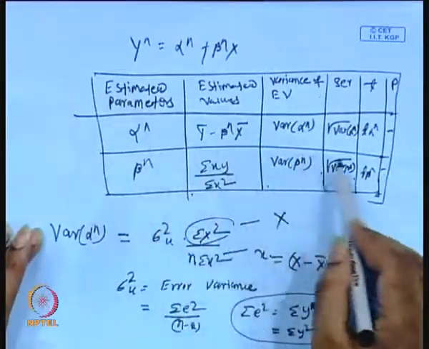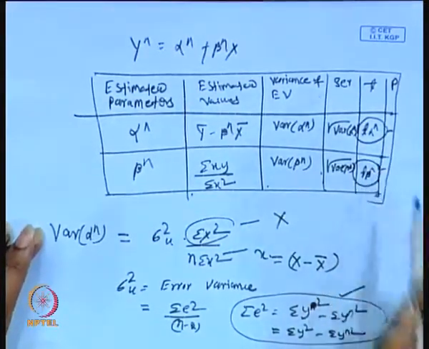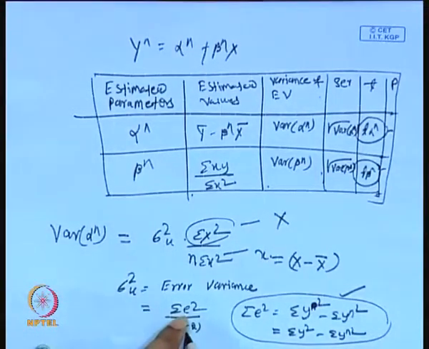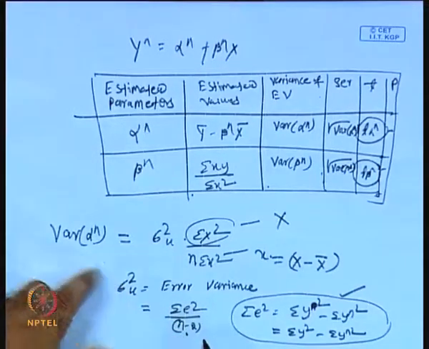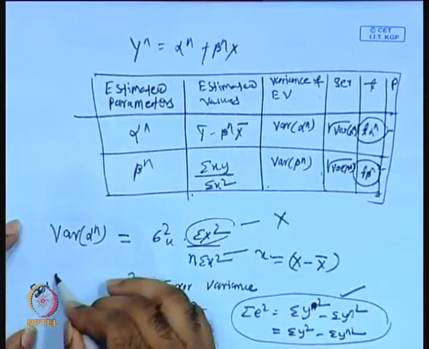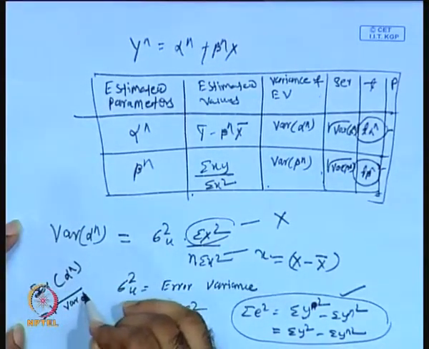We would like to know the target components: t of alpha hat and t of beta hat. Now we have received summation e square by n minus 2, that is sigma square u. So now you have the variance of alpha hat. Similarly, you go for the standard error of alpha hat, which is the square root of the variance of alpha hat.